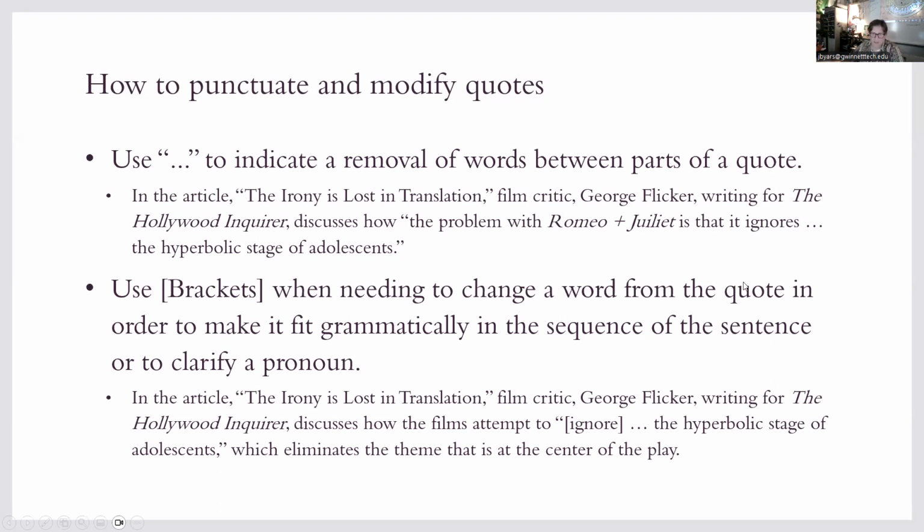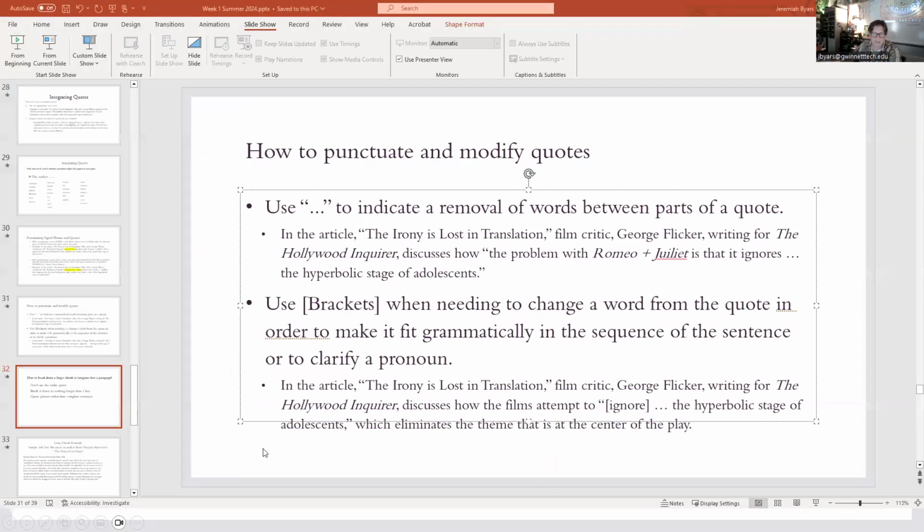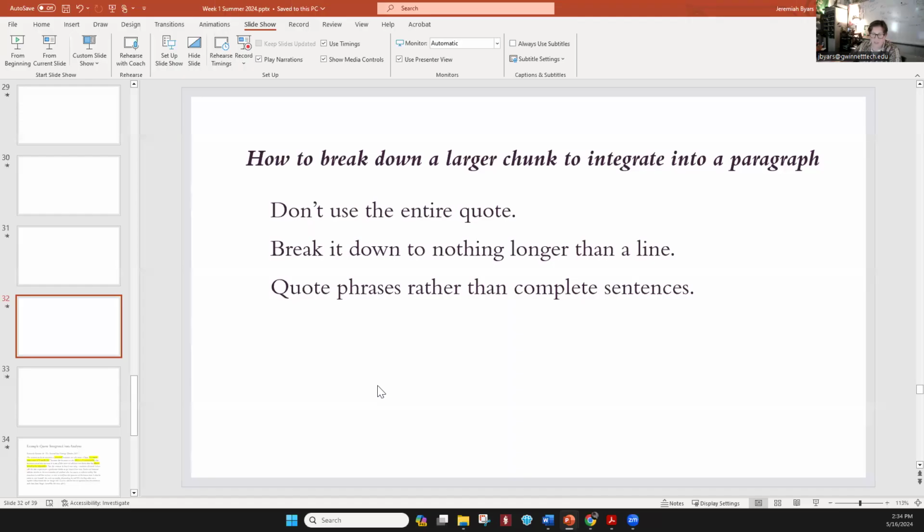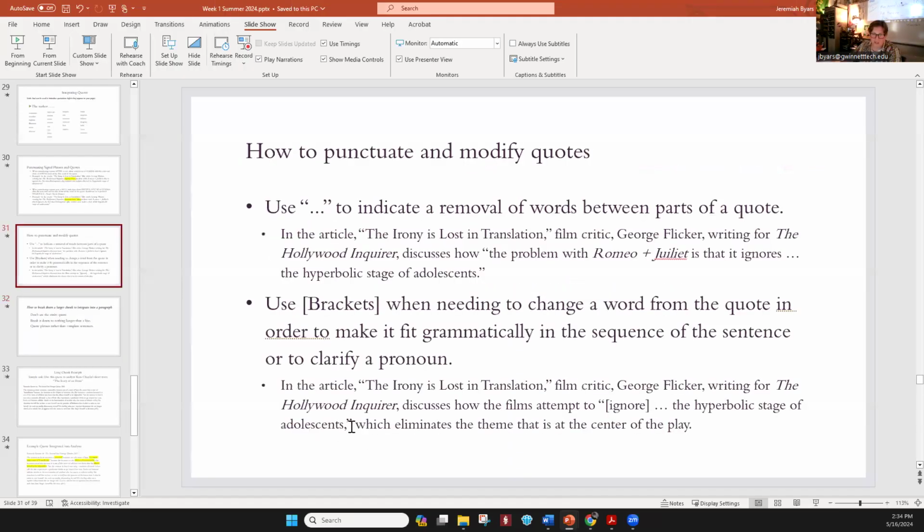No, we can do ignore. Discusses how the film's attempt to ignore the hyperbolic stage of adolescence. Oh no, it was written correctly. I need a comma here, but not the which. Look, I'm not down with things that are incorrect. What we need was discusses how the film's attempt to ignore the hyperbolic stage of adolescence eliminates the theme. Oh no, it's just correct the whole time. I'm stupid. It's the end of the day, people.